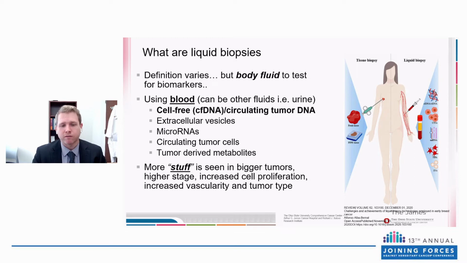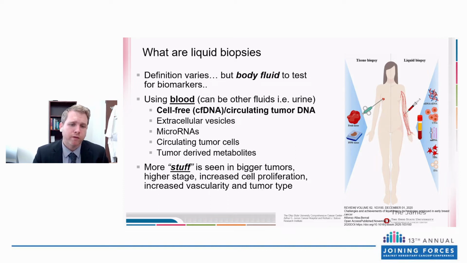Those can be extracellular vesicles, which are like little envelopes of different genetic material that can be circulating through the body, microRNAs, circulating tumor cells, which is also an area of a lot of excitement, as well as tumor-derived metabolites. So liquid biopsies can use any type of liquid, most commonly blood at this point, and lots of different things can be tested within the blood. But right now, circulating tumor DNA or cell-free DNA or circulating tumor cells are probably the majority of what we're discussing when we are reviewing liquid biopsies.